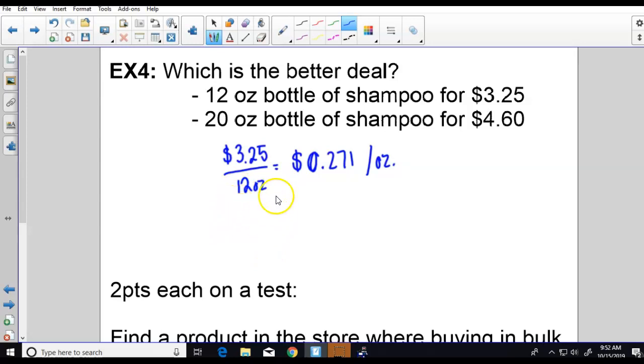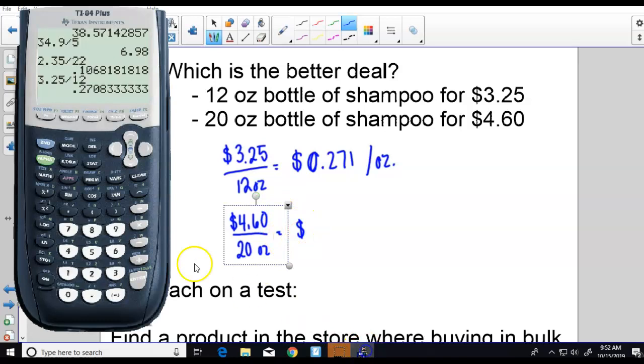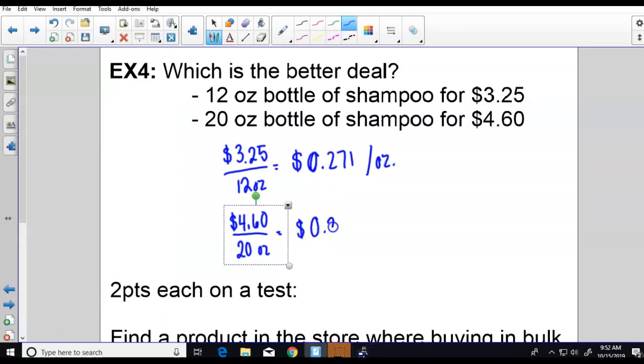And then, if we want to know about the 20-ounce bottle, we would take $4.60 and divide it by 20 ounces. Okay? We get 23 cents per ounce.